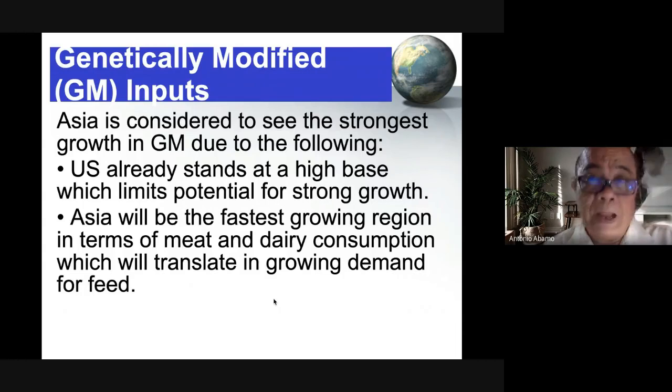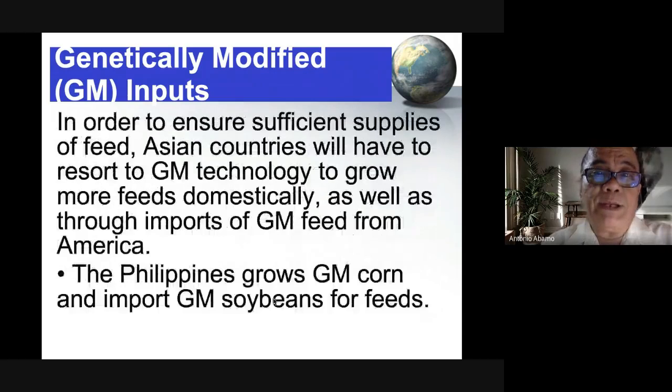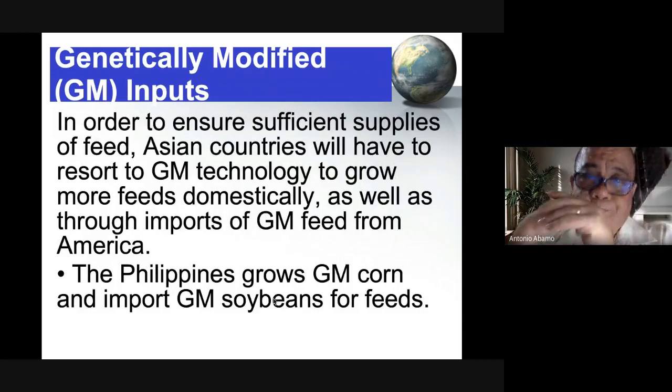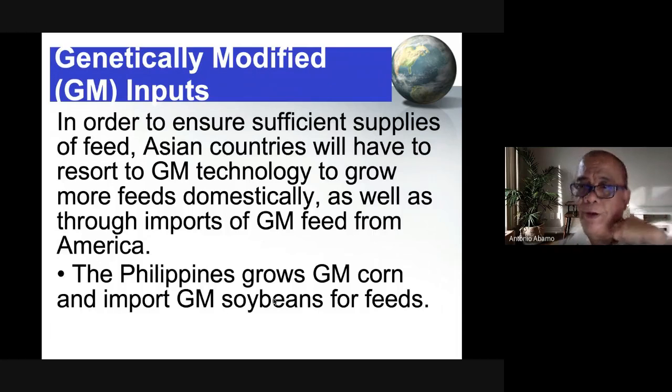Now in genetically modified inputs, we have some breeder farms in the Philippines. In the Philippines, GM corn, genetically modified corn, imports soybean for feeds. So some soybeans are also genetically modified, which is actually used for feed manufacturing.